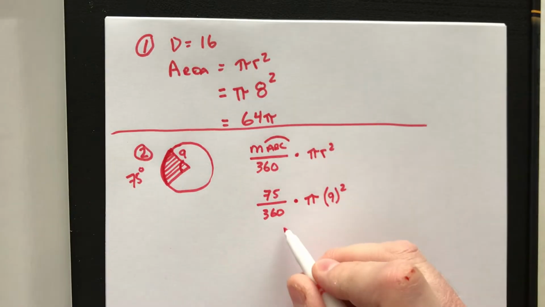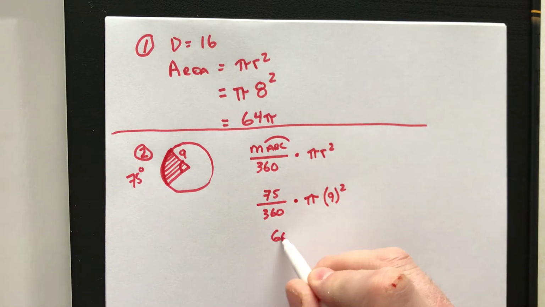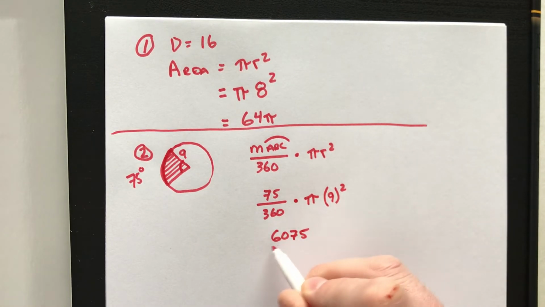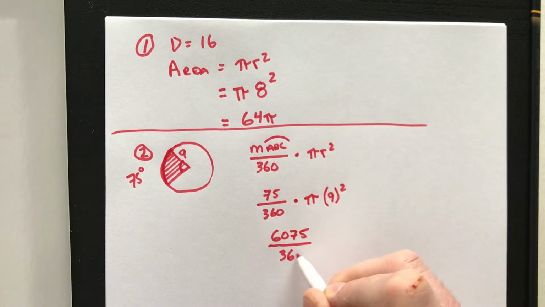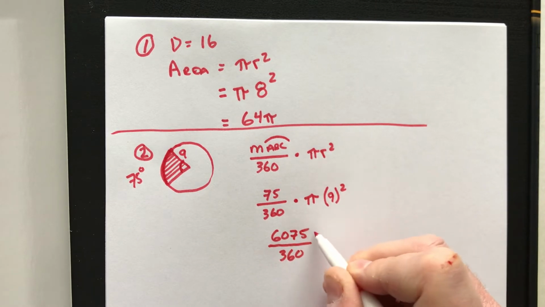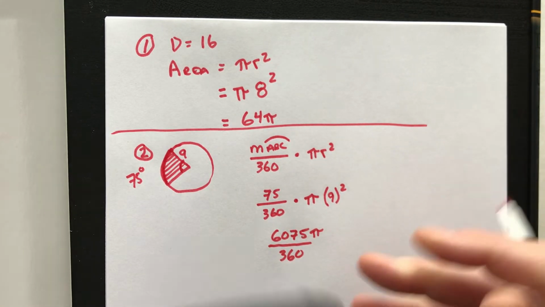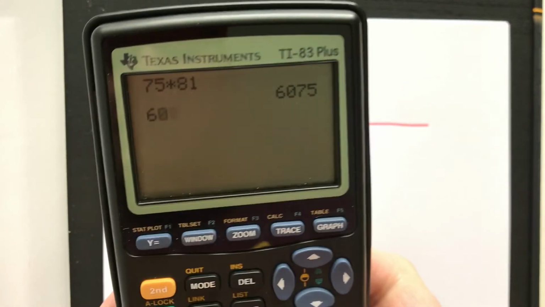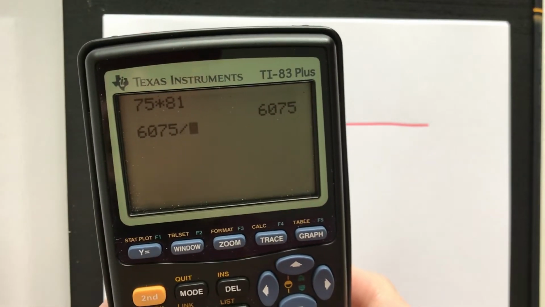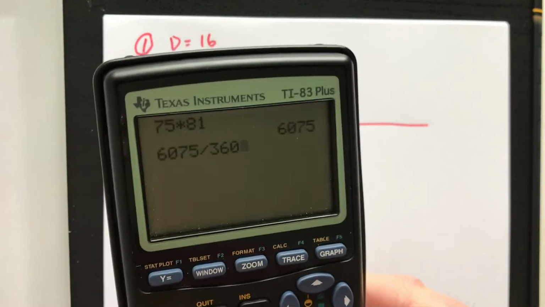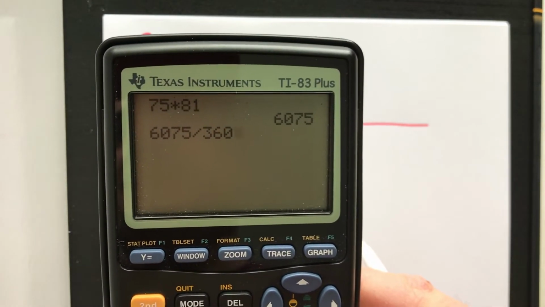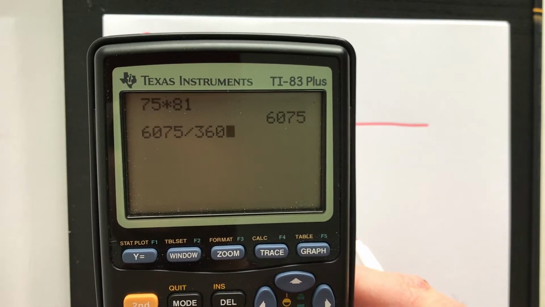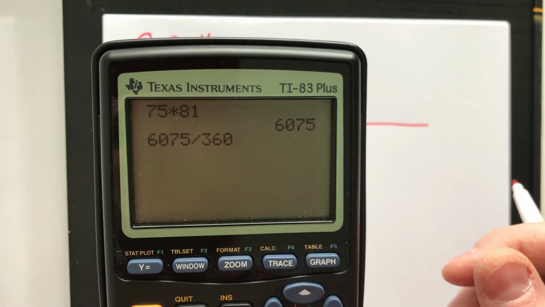So I have 6,075 all over 360, and don't forget about that pi. Now remember, with your calculator, you can actually reduce a fraction. I typed in the fraction, 6,075 over 360, and once again, you could reduce it before. This is just how I do it.